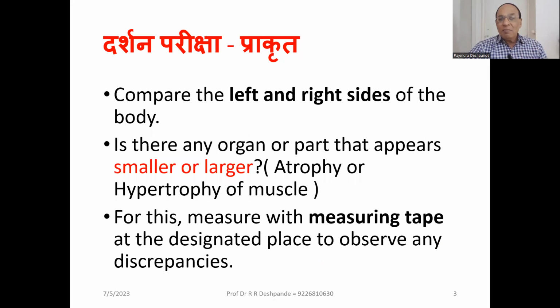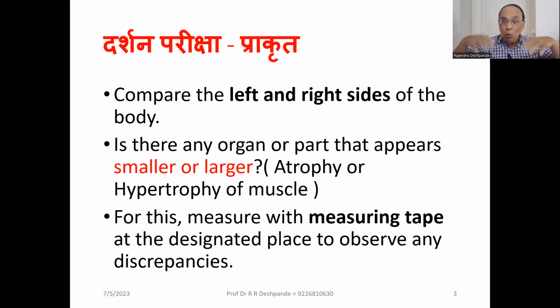Next, compare the left side and right side of the body: left arm, right arm, left thigh, right thigh. Is there any organ or any part which is looking smaller or bigger? Less than normal is called muscle atrophy, Mansa dhatu Kshaya.